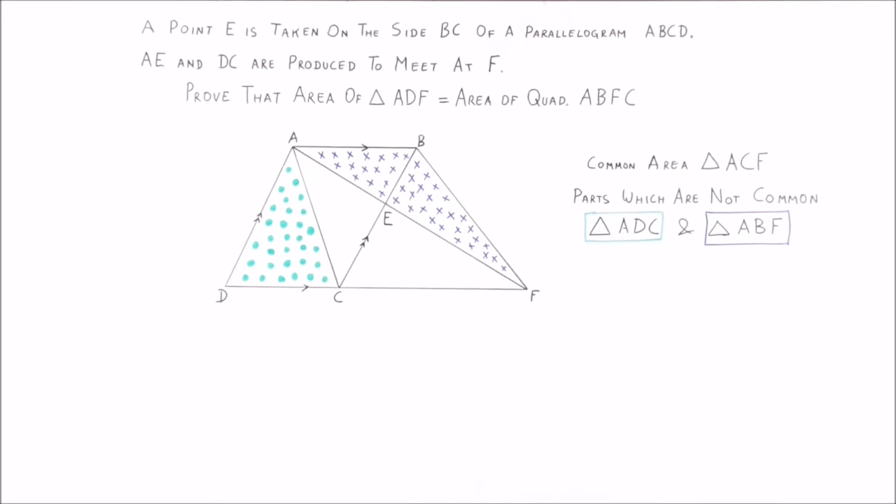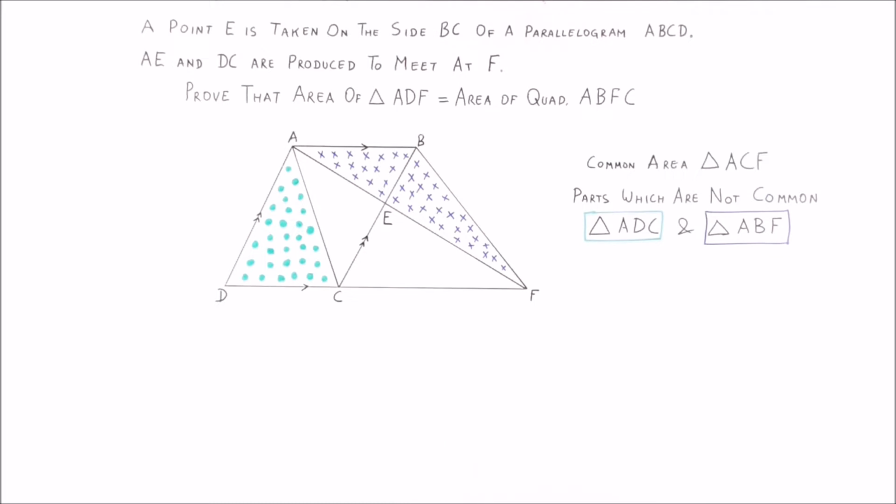Now as I said, in this part you need to visualize which part is common and which is not. Okay, this time I am not appearing on the screen. Common area is ACF. Can you visualize that triangle ACF?